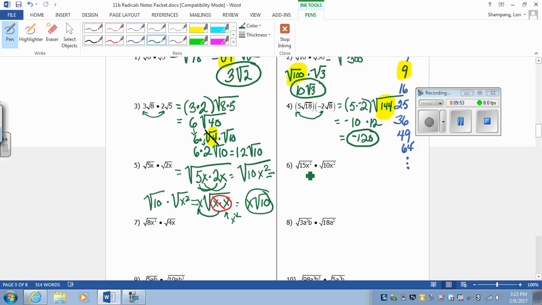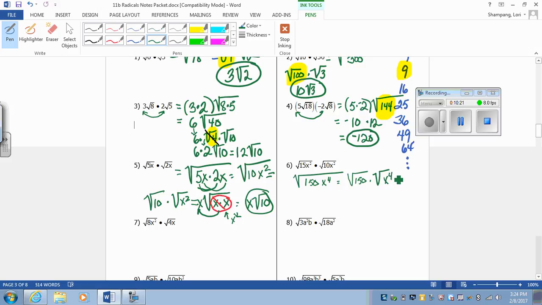Number 6, we have numbers underneath the radical, no numbers outside the radical. So we're just going to create one big radical sign and multiply everything together. 15 times 10 is 150, and x to the second times x to the second is x to the fourth power. So let's break this down into two factors, the square root of 150 times the square root of x to the fourth.